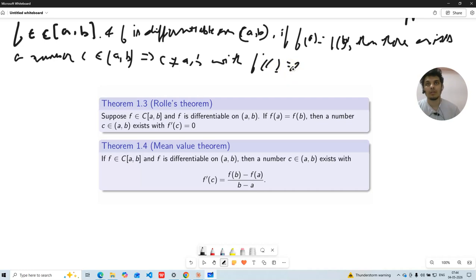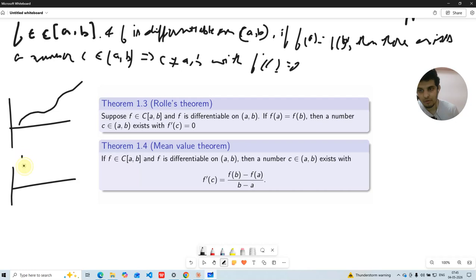So what it is actually trying to say is, suppose f is differentiable in (a, b). If I have a function defined, and f(a) equal to f(b), let's take a convex function.